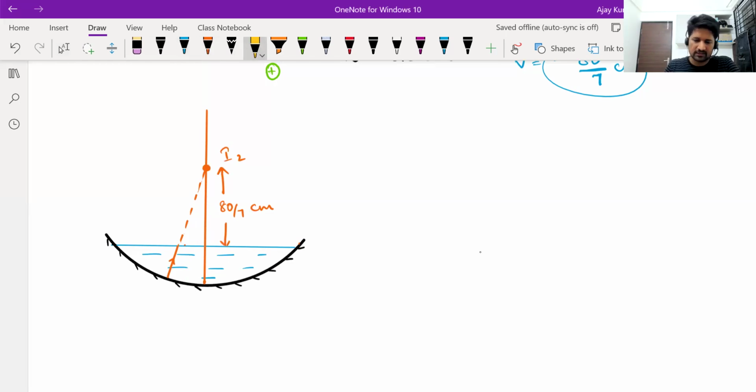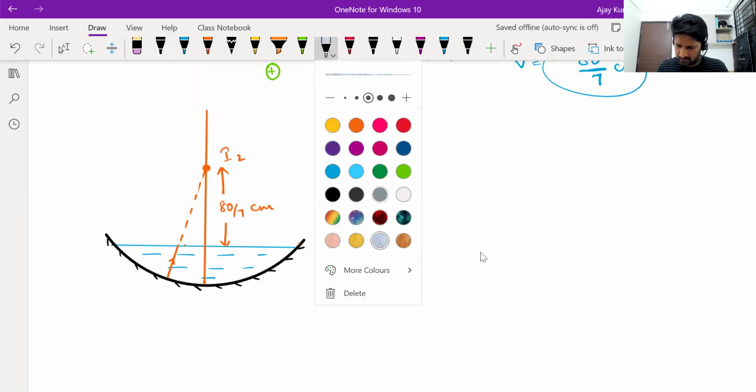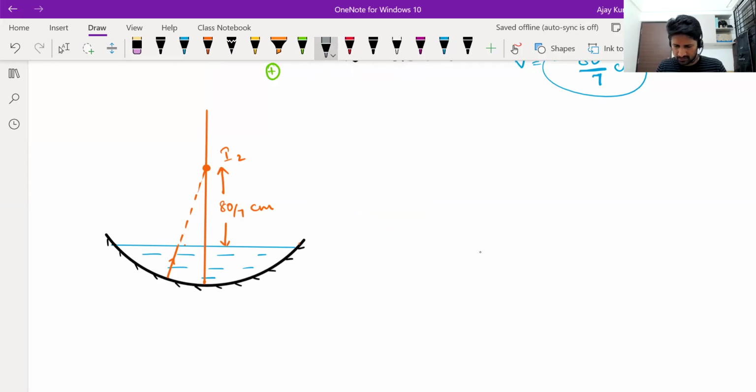So the final image, let's just visualize first. Light rays traveling towards I2. You can imagine a normal here. If you visualize, your chances of making mistakes, especially with the minus signs and all, will reduce. Visualize a normal here where the light enters from water into air.